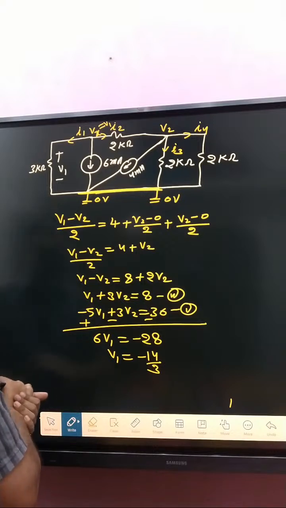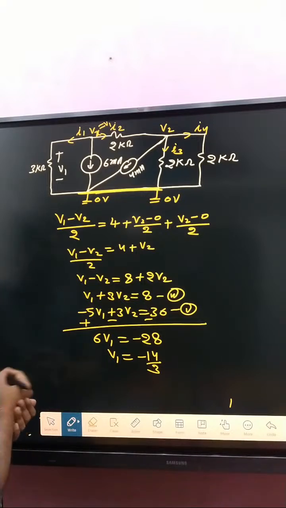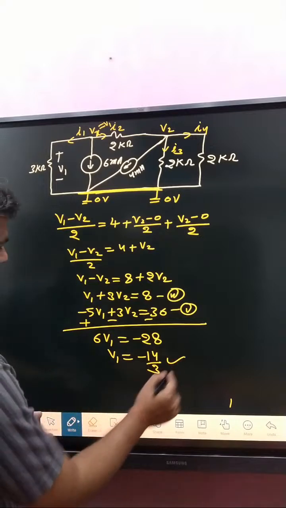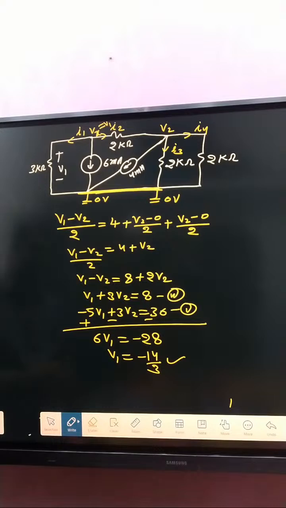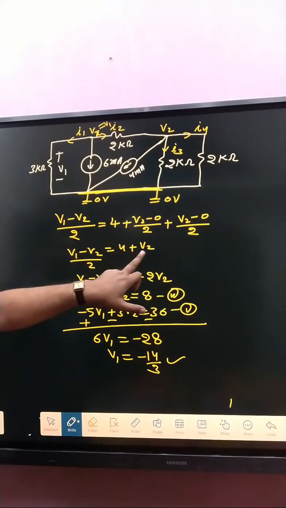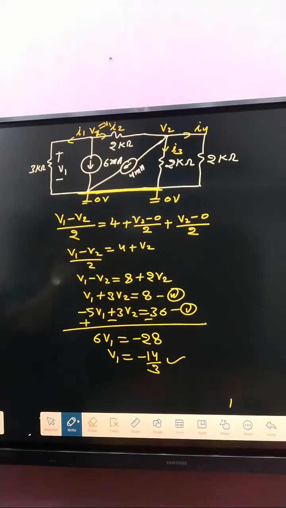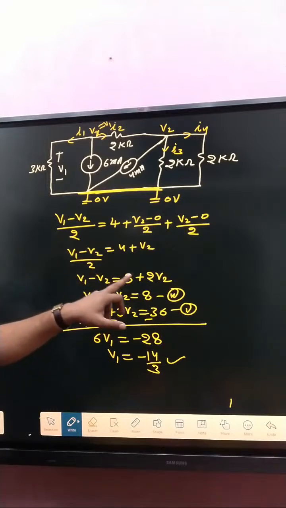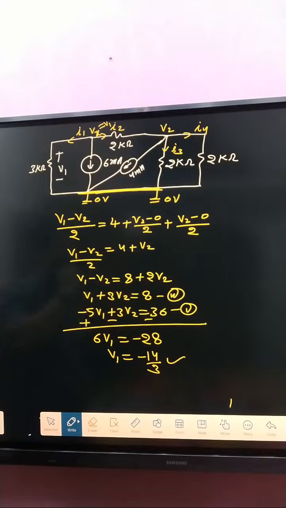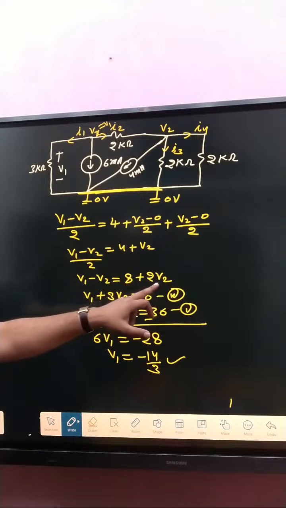Now, if that value is put, basically we determine that one, V1. So finally V1 is how much? Recheck again. If multiplied by 2, that is 4 into V2, 4 plus V2. And if multiplied by 2, then we got V1 minus 0, 8 plus 2 times V2. Okay. After that, one mistake.